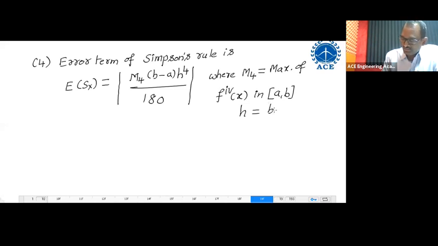H means, as you all know, the end point of the interval minus the initial point of the interval divided by n, the number of subintervals. But in Simpson's rule, the number of subintervals must be 2n. 2n means an even number of subintervals. Otherwise n only.